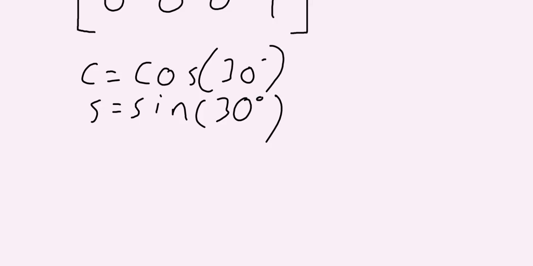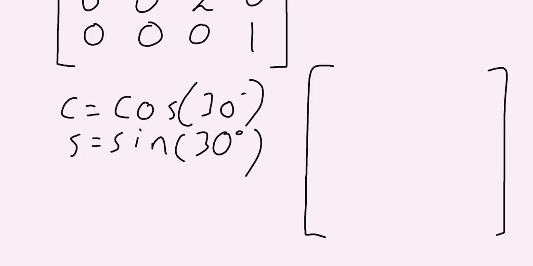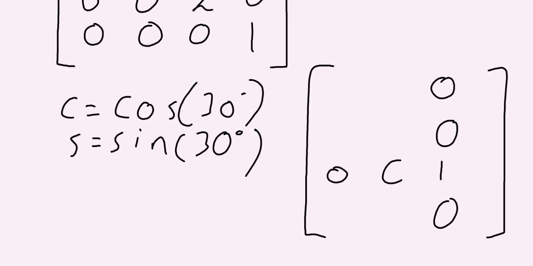So rotating about the z-axis, we'll leave the z-axis unchanged since we're rotating around that, and it won't be affected. So we have cosine, minus sine, sine, cosine.